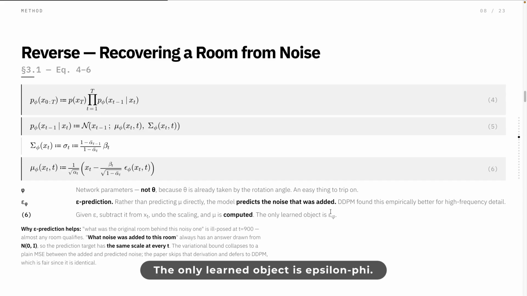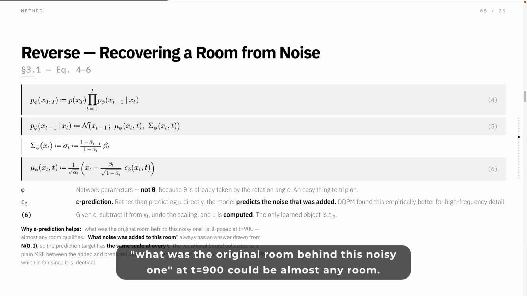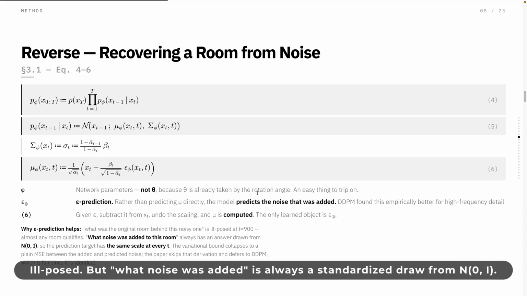The only learned object is epsilon pi. Here's why it's better. What was the original room behind this noise at t equals 900? It could be almost any room.